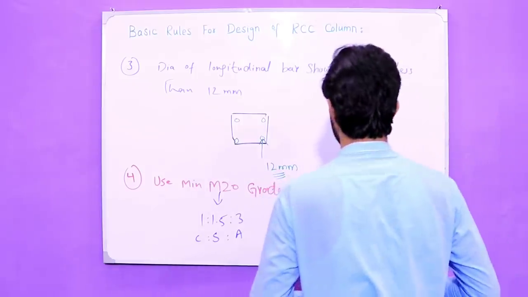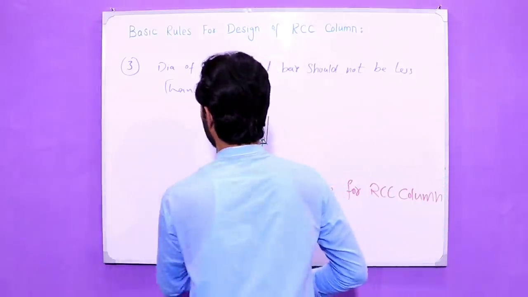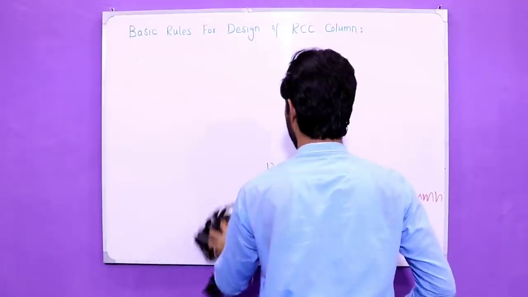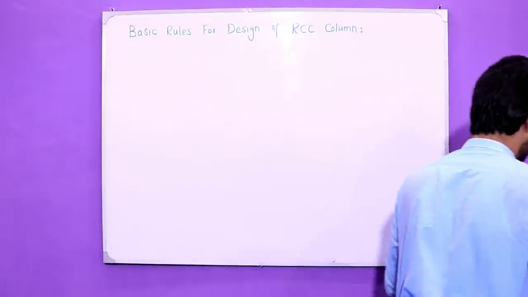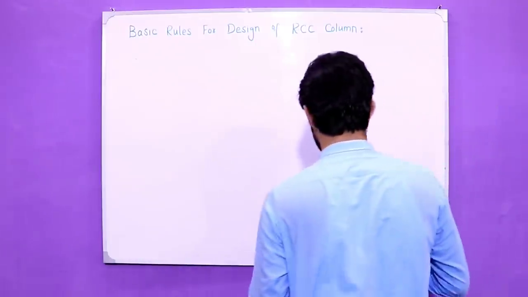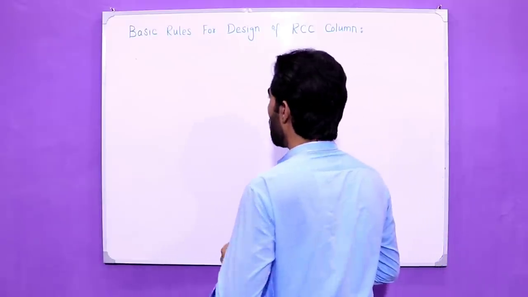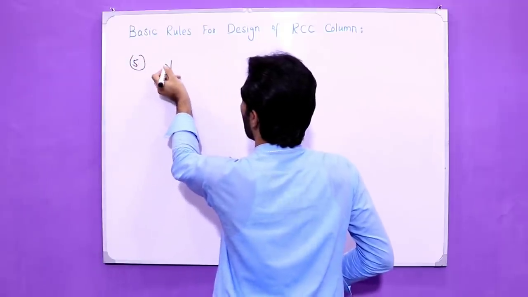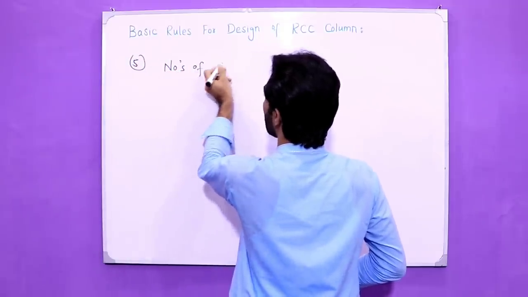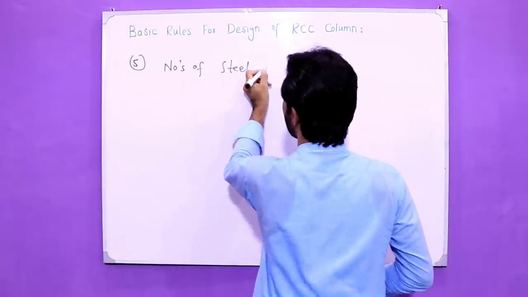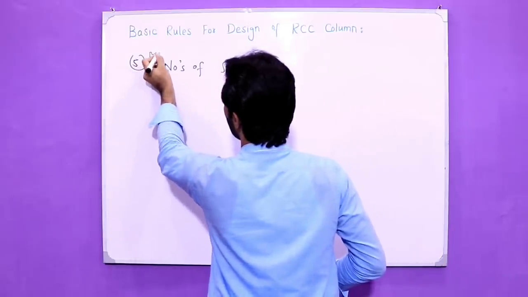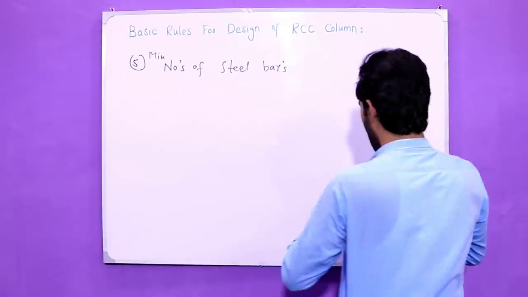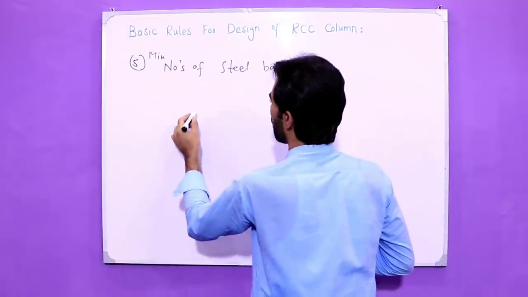Now rule number 5 is minimum numbers of steel bars. We have two shapes, guys.